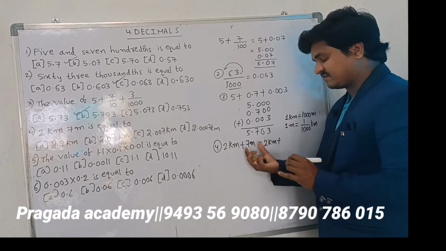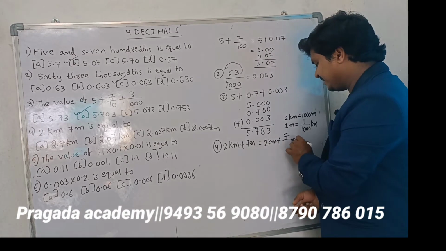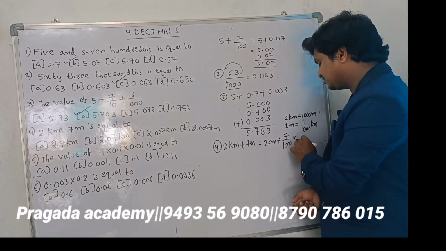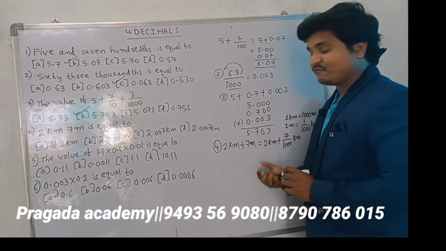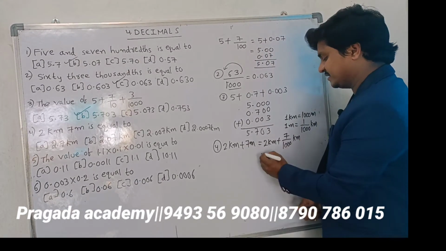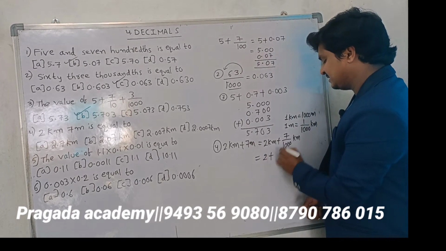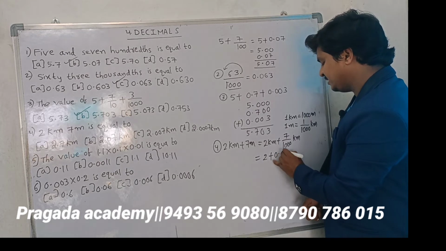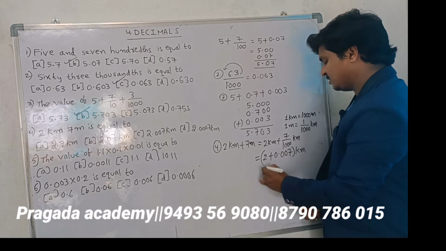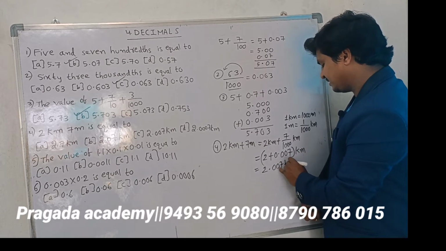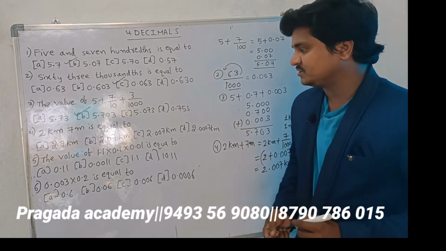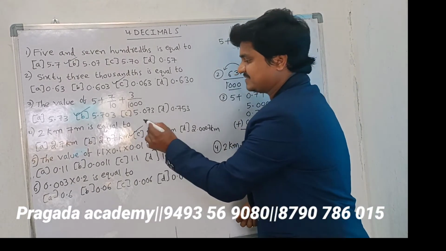But in the place of 7 meter, you should write 7 by 1000 kilometers. Why? Because our options are in kilometer only. That's why we should convert the meters into kilometers. So 2 plus 7 by 1000 is nothing but 0.007 kilometer. You should take the sum. So this answer will be 2.007 kilometer. So 2.007 kilometer means option C is correct.